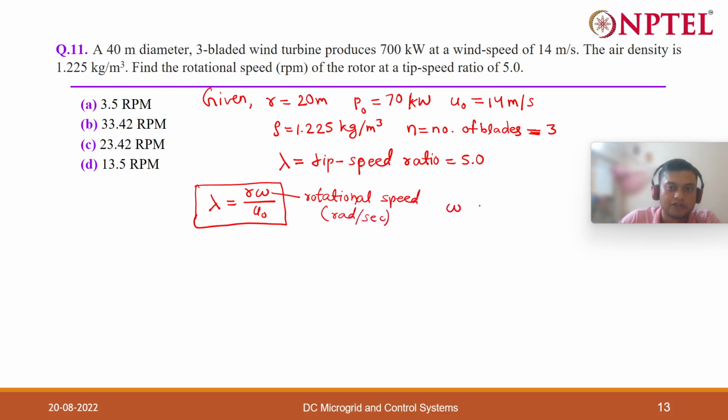You can also write omega as 2 pi n divided by 60, such that you will get the rotational speed in rpm.